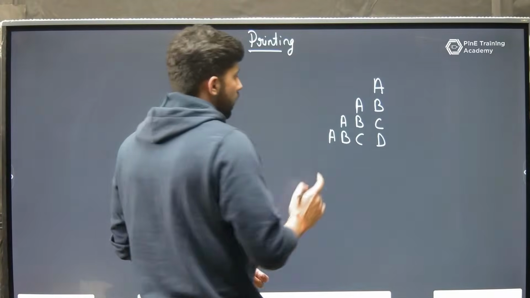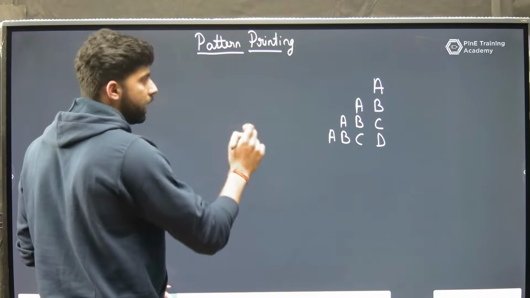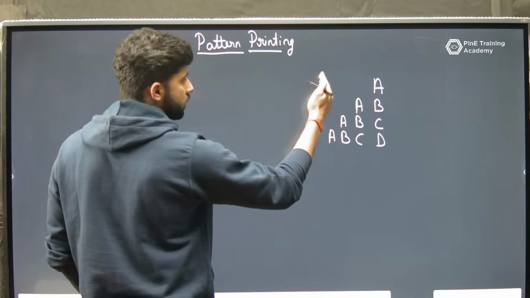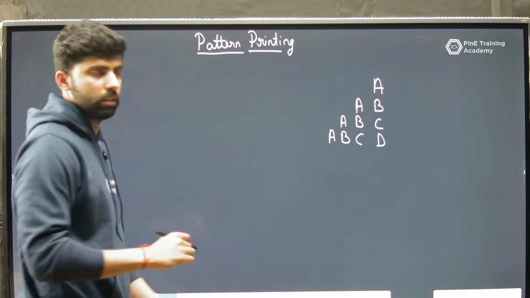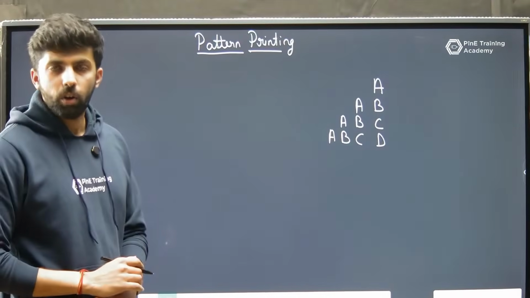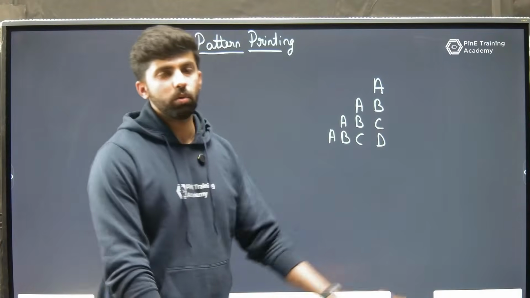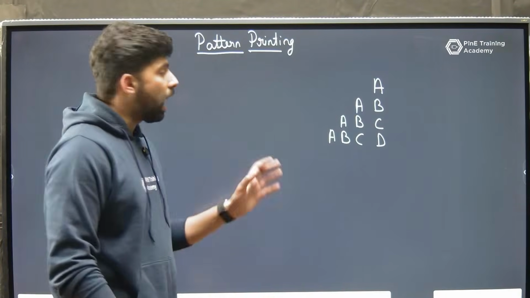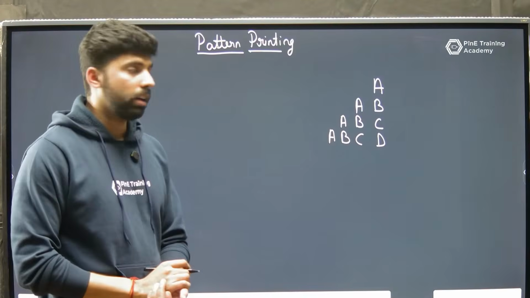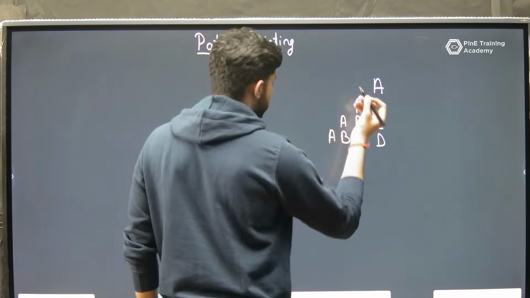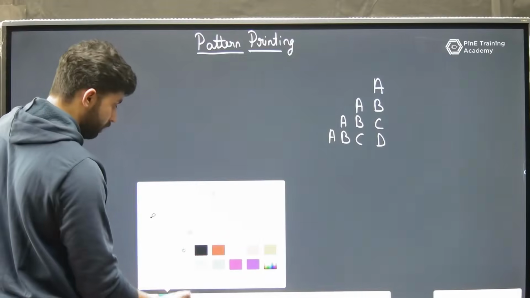If you see carefully, this A is shifted towards right. And how is it shifted towards right? Because we have space here. So I will make it with a different color.